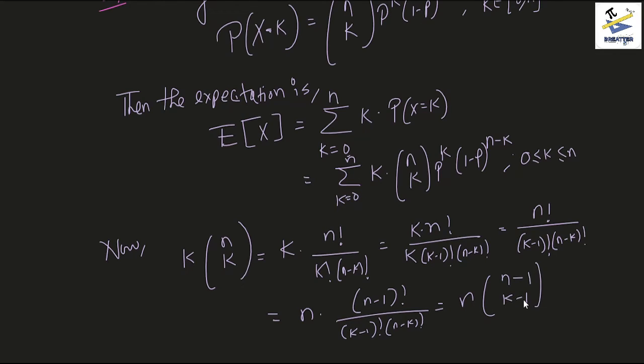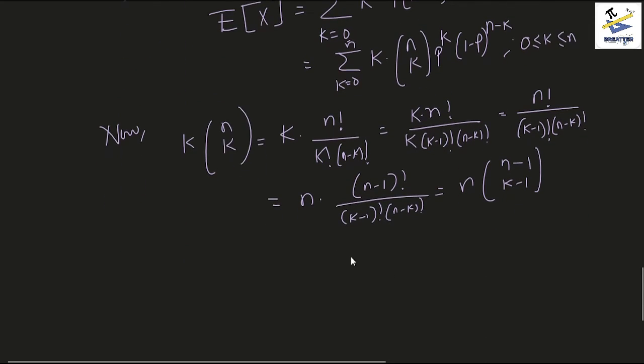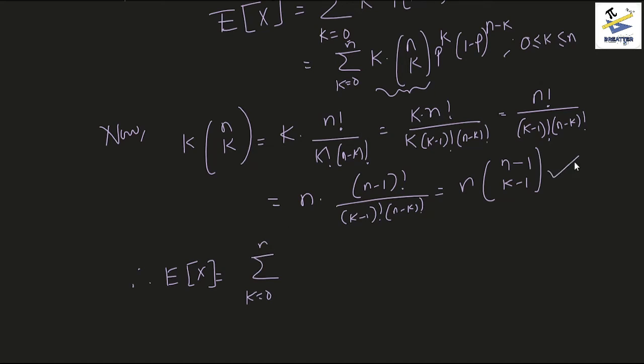right? Using this, putting this back, we get expectation of x is summation of k equals 0 to n. This part has been transformed to this part, so we can write n into (n minus 1)C(k minus 1) p to the power k into (1 minus p) whole to the power n minus k.